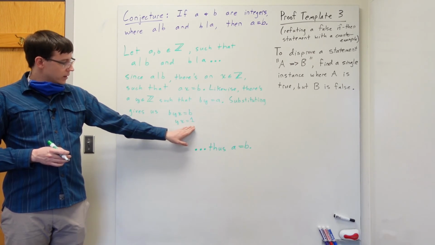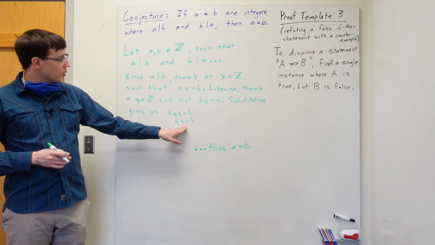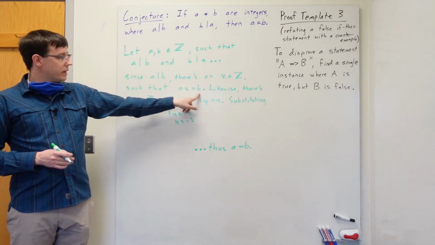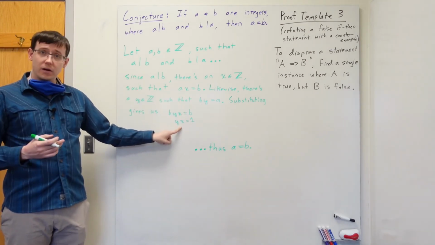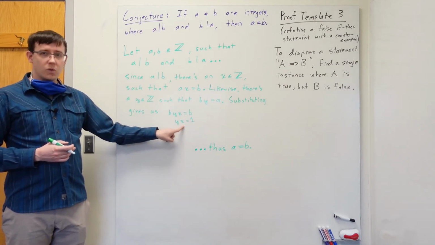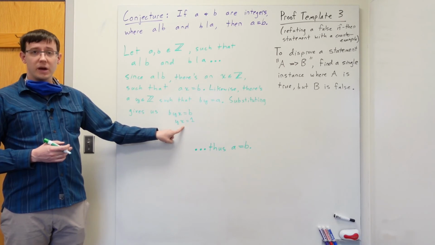And, well, if x and y are both 1, then A is equal to B. But at this point, it's clear that there's another way to multiply two integers and get 1. x and y could both be minus 1.